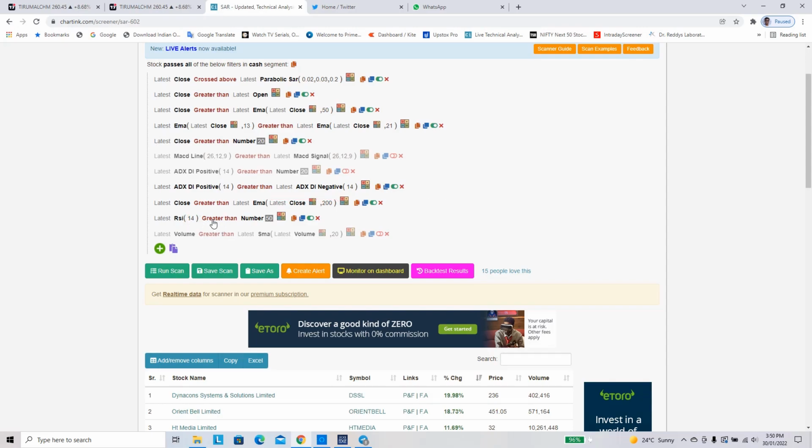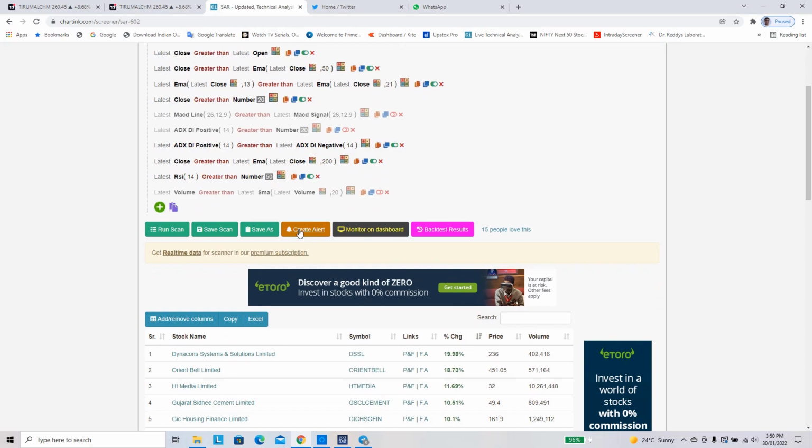And the latest RSI is greater than 50. If any stock is crossing 50 on the RSI indicator, that means the trend or the strength in that particular stock has started now. If somebody wants to make their screener more stringent, they can go ahead and enable this volume logic as well.